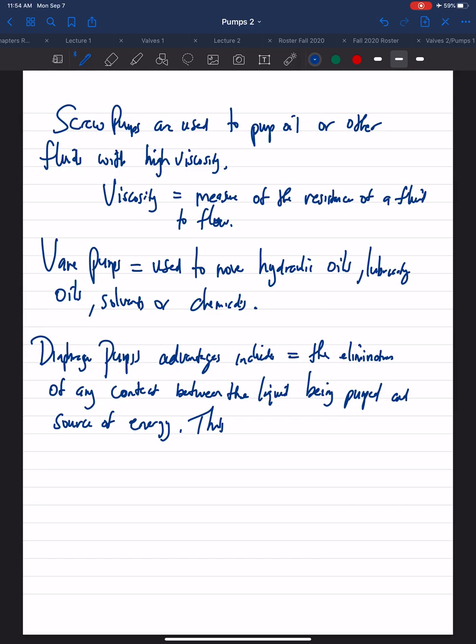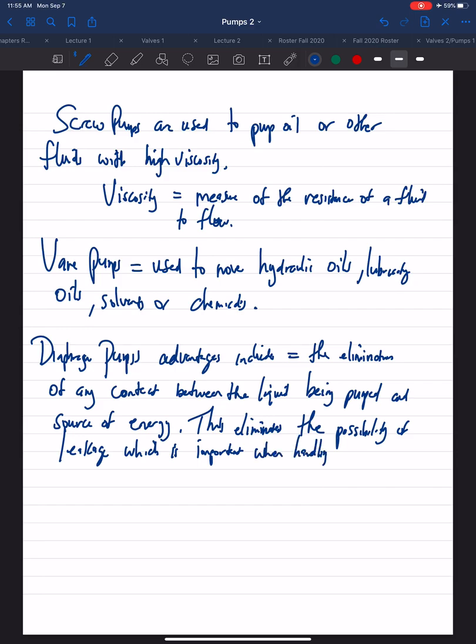This eliminates the possibility of leakage, which is important when handling toxic, radioactive, or very expensive liquids.